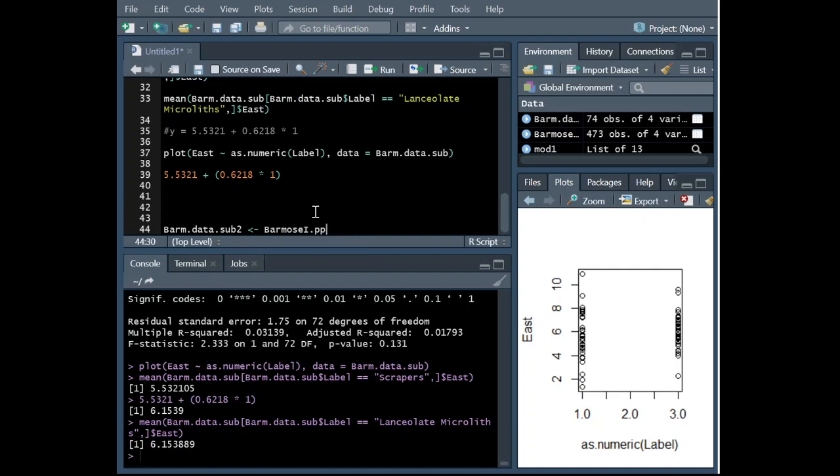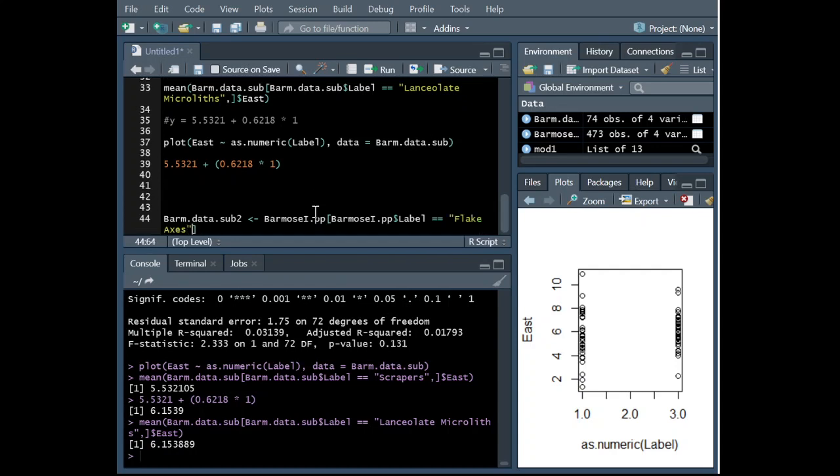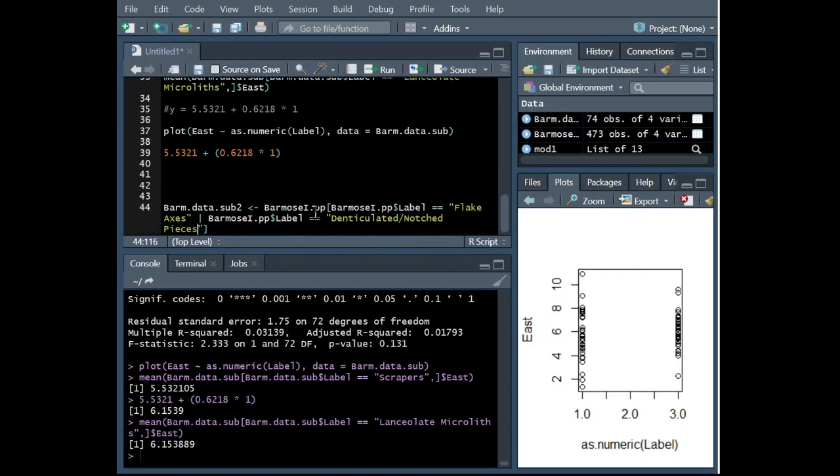Let's pull out from the BARMOS1 data frame all of the artifacts, whose names are listed in the label, all of the artifacts that are flake axes, or the artifacts that are denticulated / notched pieces.